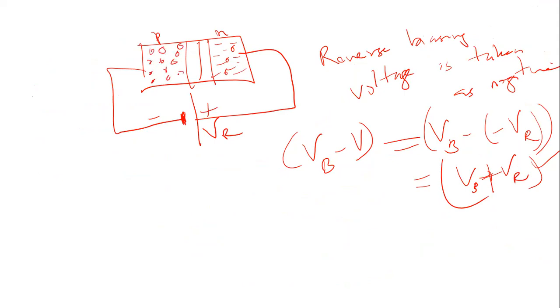Under reverse biasing, the negative supply is connected to the P side, so these minority electrons on the P side can cross over to the N side of the junction. Similarly, when you connect the positive terminal to the N side, minority holes will gain energy from this. Minority holes can also conduct electricity across the PN junction.